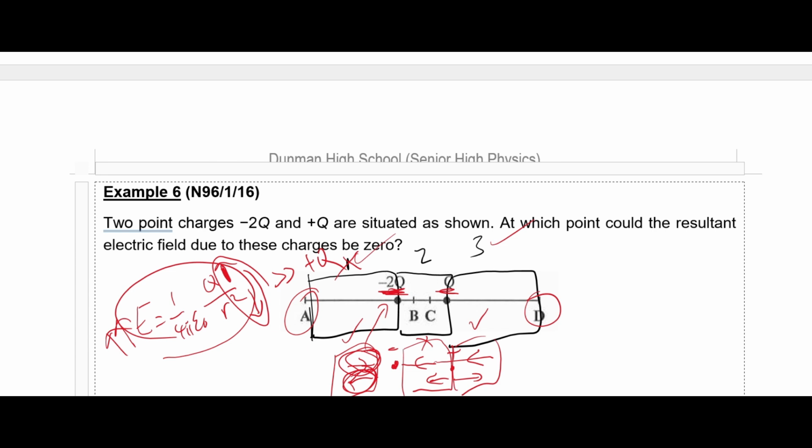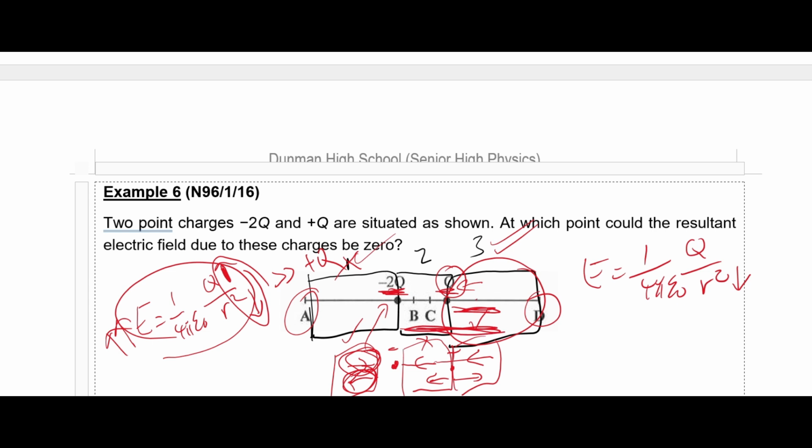Vice versa in region 3, it is possible. If I look at the small q, the positive q versus -2q, let's look at the positive q. Same formula, but if I do a comparison here, q over r squared in region 3, you realize that positive q will have a smaller r, because it's closer to this side as opposed to this charge.